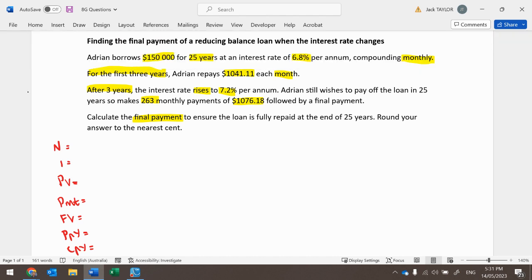Okay, these are monthly payments and monthly compounding periods. I'll start with that. This is a $150,000 loan, and it's a positive value because this is a loan.